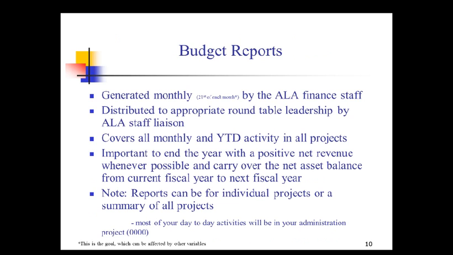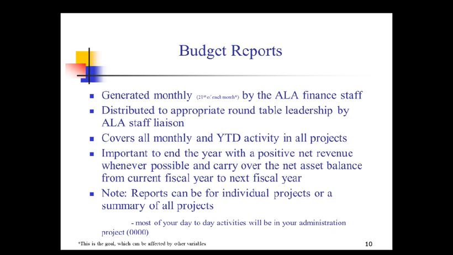A final component of budget planning and the budgetary process has to do with budget reports. These reports are generated each month by ALA financial staff and distributed to roundtable leadership by ALA staff.